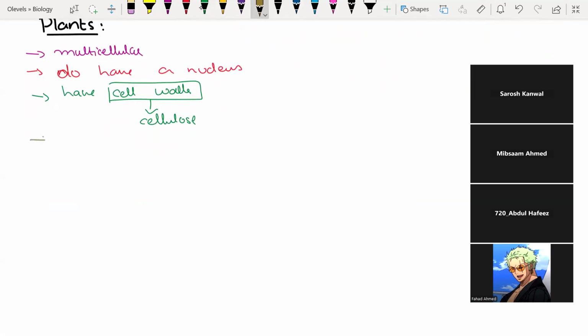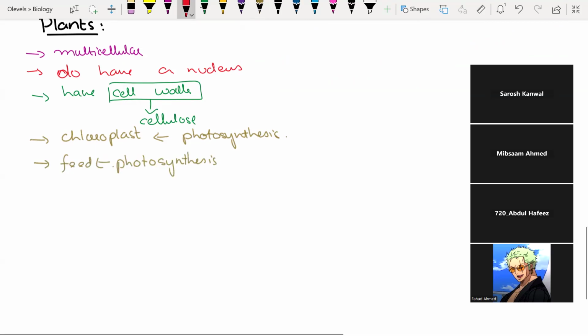Now we know if it's a plant, there is another organelle that is chloroplast as well, right? This chloroplast has an important function in the photosynthesis. And plants feed with the help of photosynthesis because this is the process through which these plants make their own food, right?